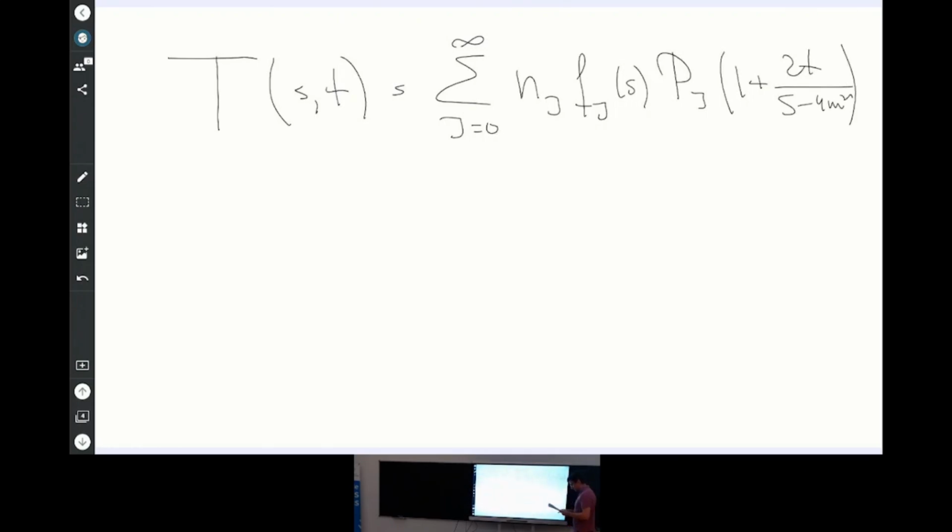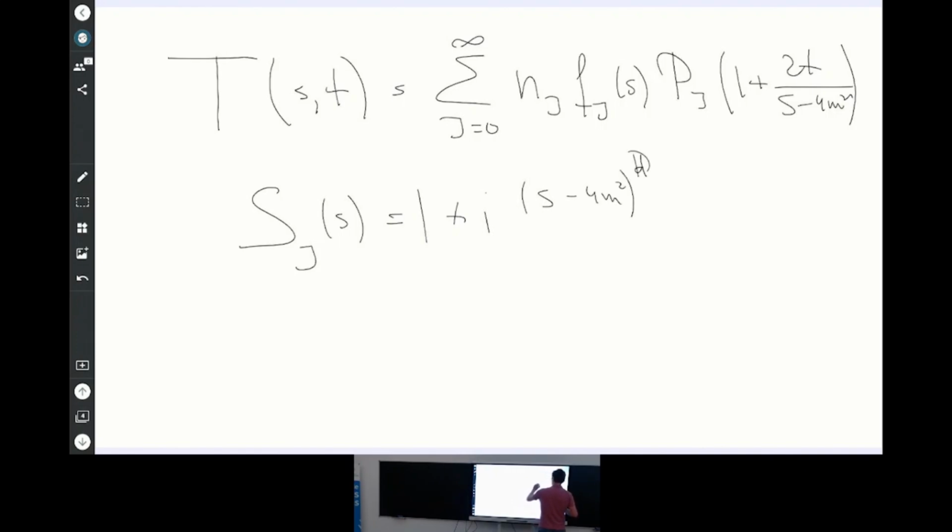And now we can introduce partial waves in the spin plane that Pedro just mentioned. So it is 1 for no scattering and plus 1 plus I. In my convention, it will be S minus 4m squared if you want, to the d minus 3 over 2, square root S, f of j.